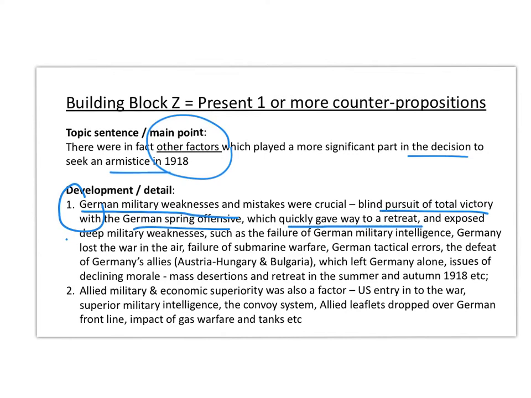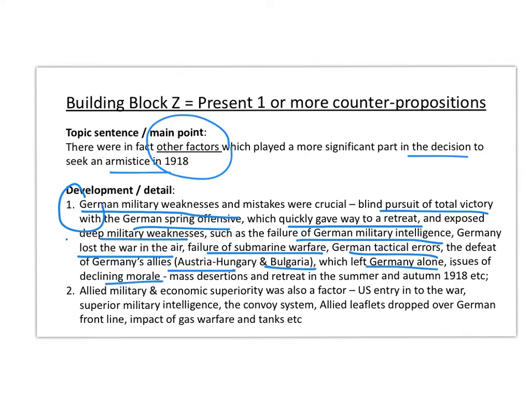And what that did is it basically exposed there were some huge fundamental underlying problems with the German army, military weaknesses, all sorts of things, failures of German military intelligence. They were not winning the war in the air, the failure of submarine warfare. They made lots of tactical errors. The fact that their allies, Austria-Hungary, and then at the end of September 1918, Bulgaria pulled out, which left Germany alone.